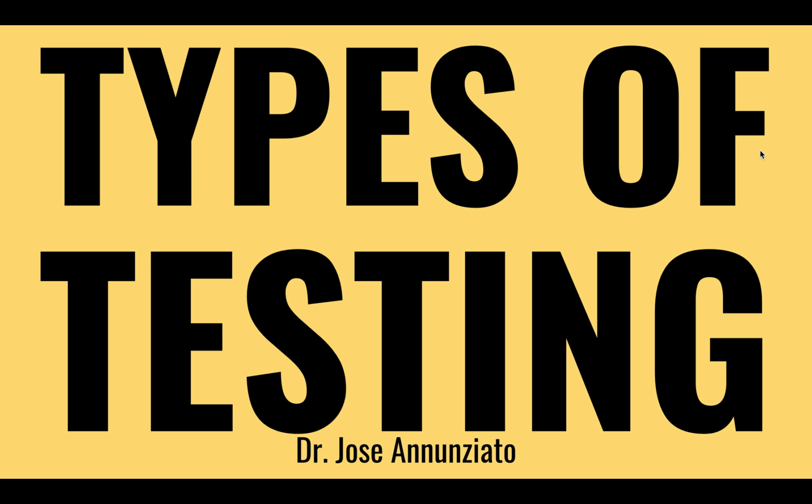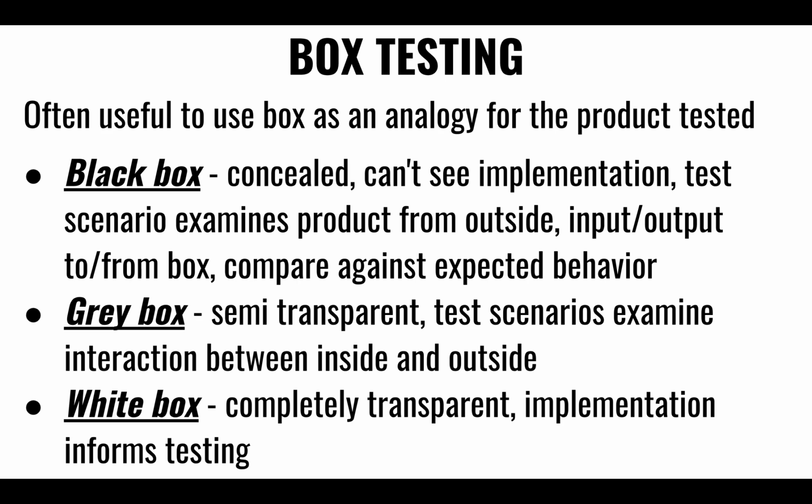All right, so let's take a look at all the different types of testing that a QA engineer might consider. As we've discussed in earlier lectures, it's often easier to use the analogy of considering the application under test, or feature under test, using what is referred to as the box model.